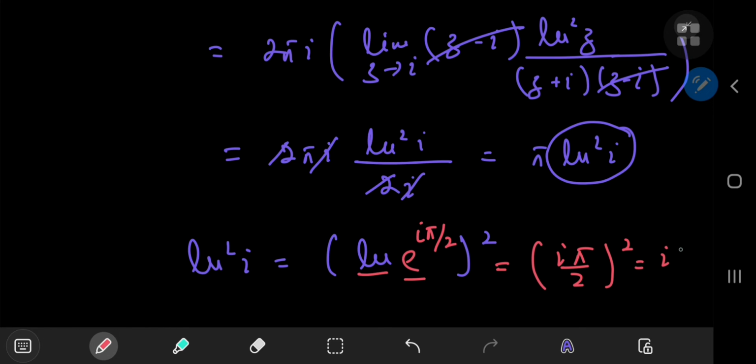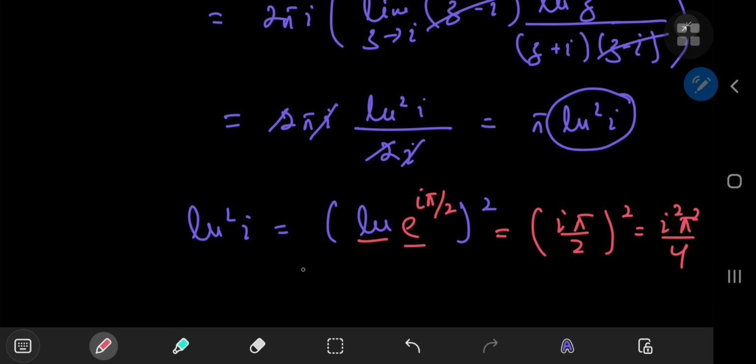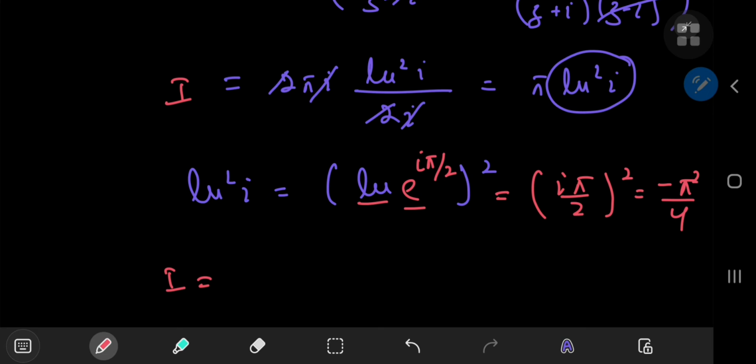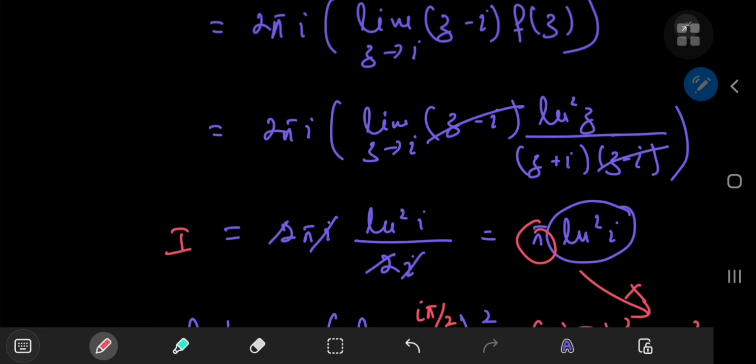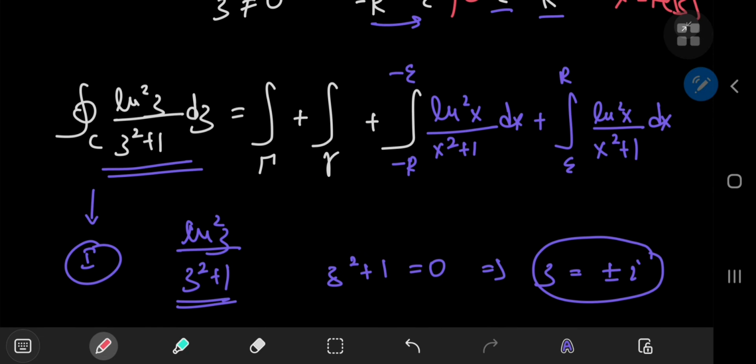So you have i squared pi squared by 4, and i squared is just negative 1. So let's write a negative sign here. That means your integral I is now equal to pi times this term, so it's negative pi cubed by 4. That's what the left-hand side of this equation means.